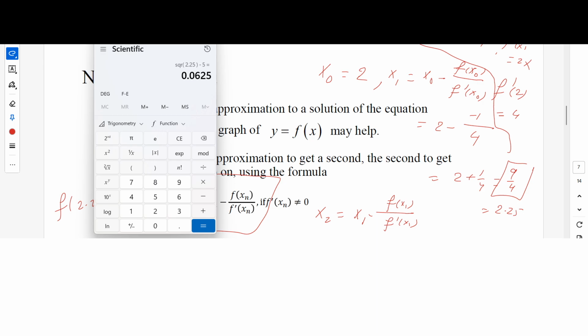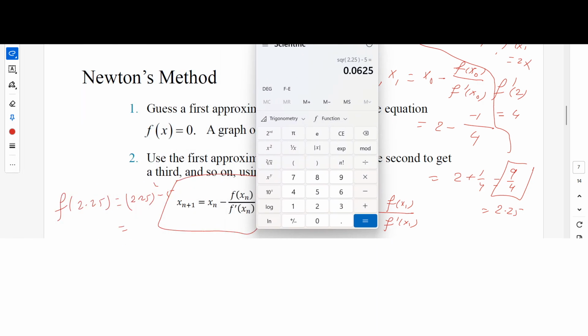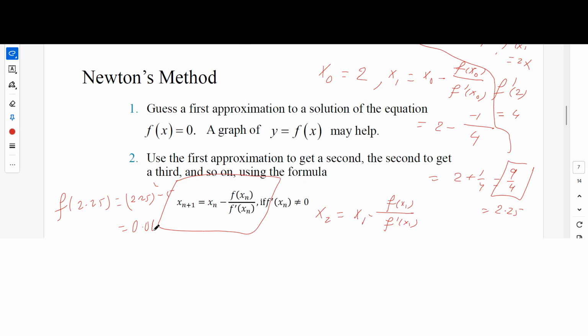what is that? 0.0625. That goes here. What is the derivative? We know the derivative is 2x. So the derivative at 2.25 is 2 times this value, which is 4.5, right? So 4.5.